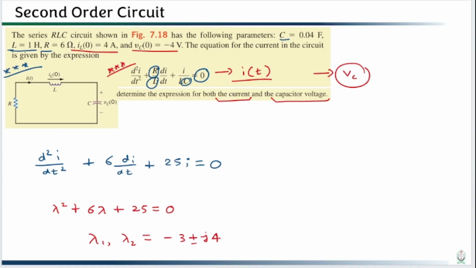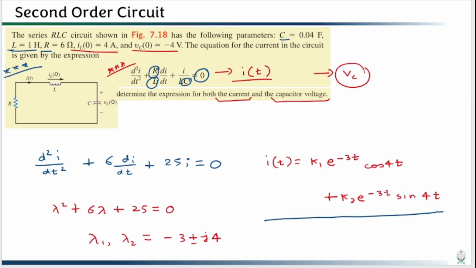In our theoretical discussion, we have learned that if the characteristic equation returns complex values like these, in that case, the solution can be assumed in this way. So this is the expression for current for this given circuit, and we are almost at the edge of calculating the whole expression.